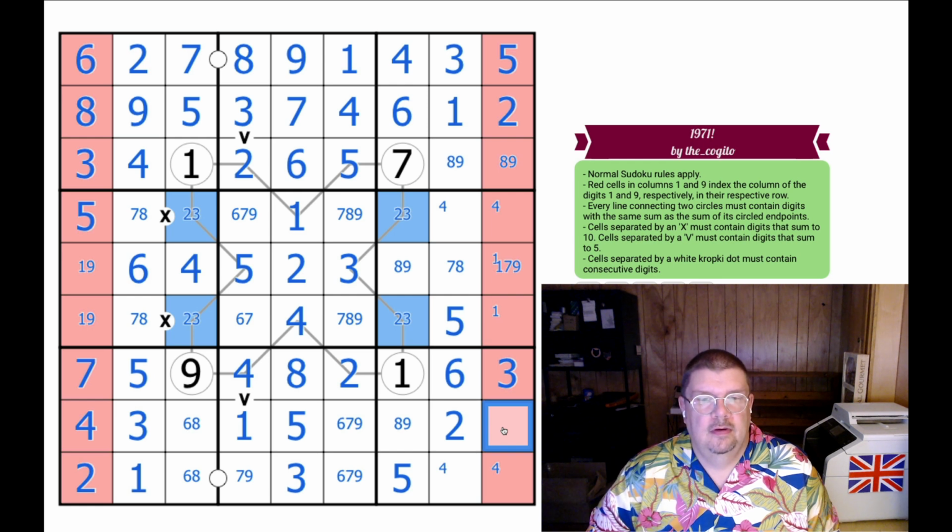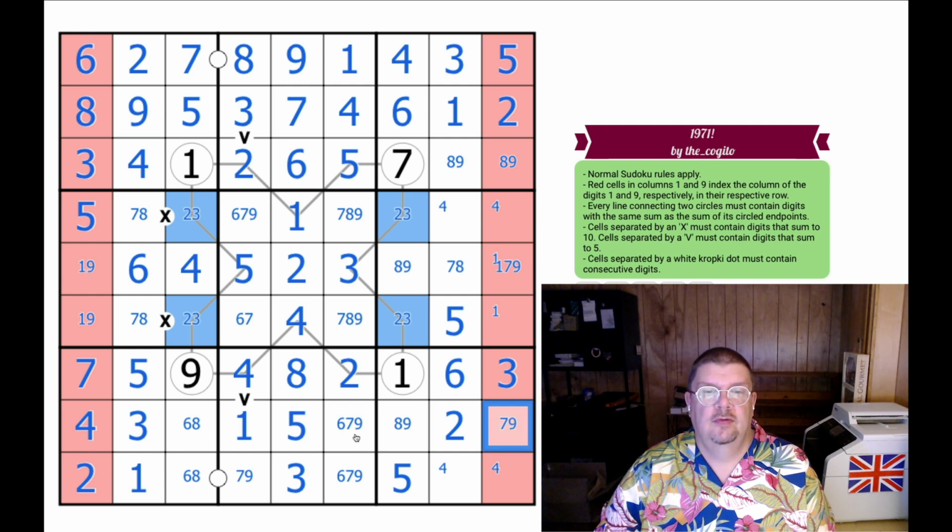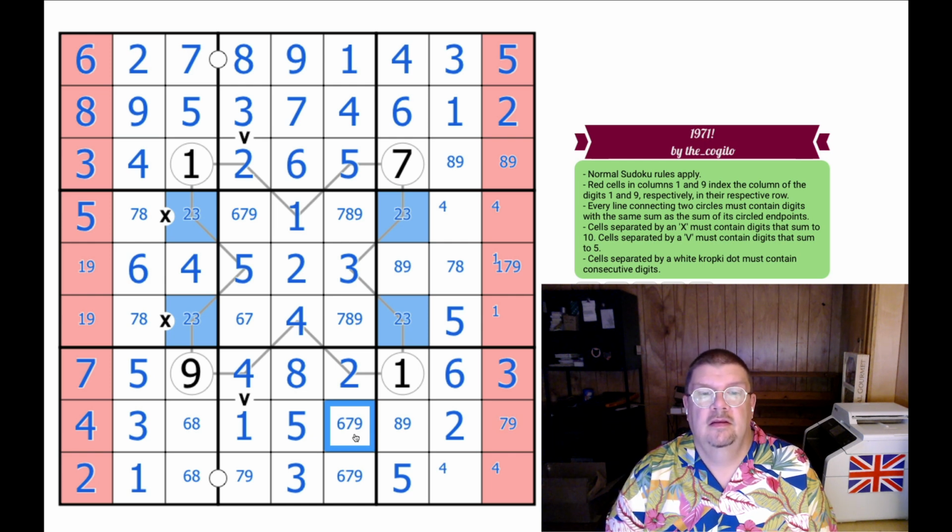That's what I broke, I think. So let's reconsider that. It is there, there, or there, which makes this 6, 7, or 9. But it can't be 6. So it is true to say that that is not a 9.